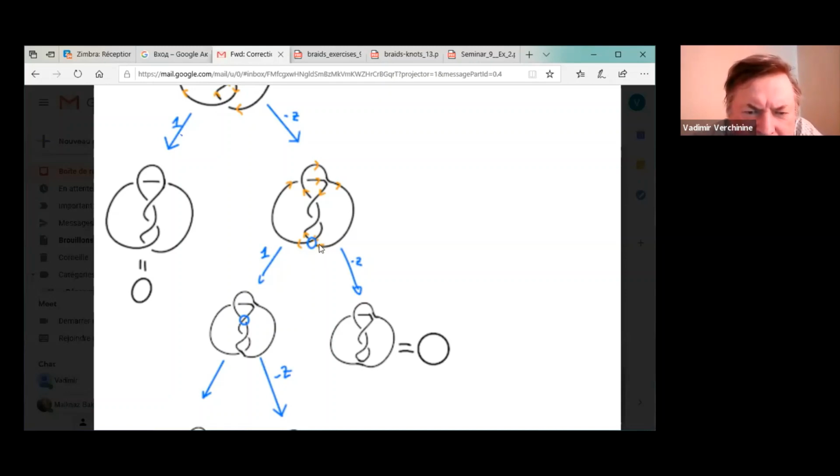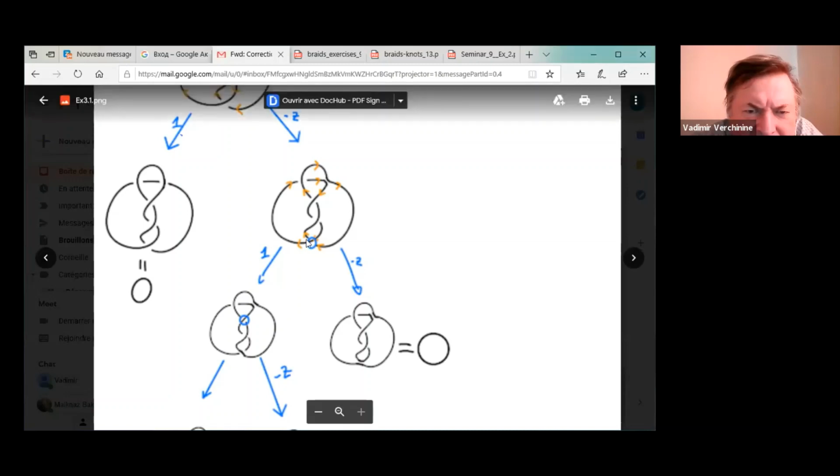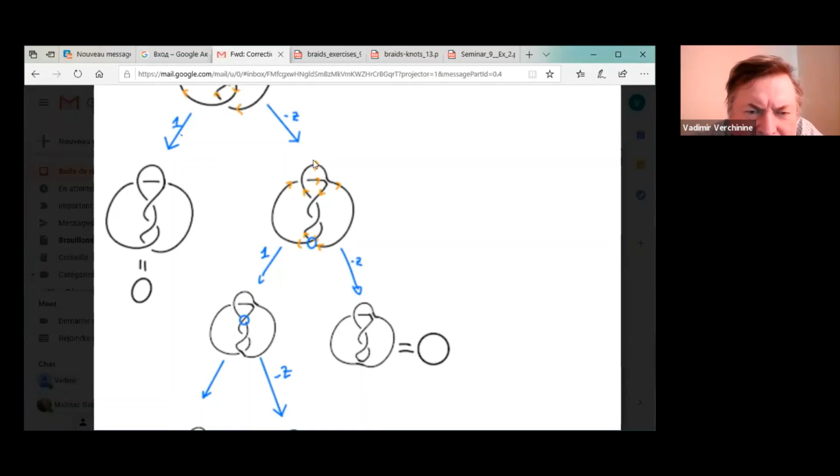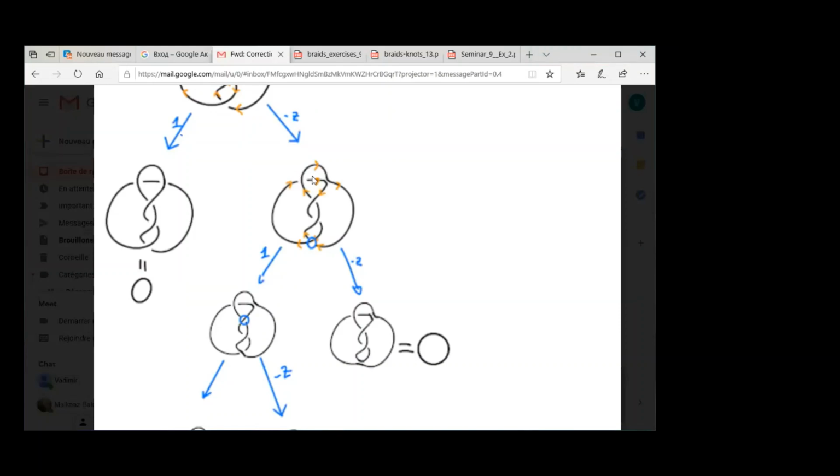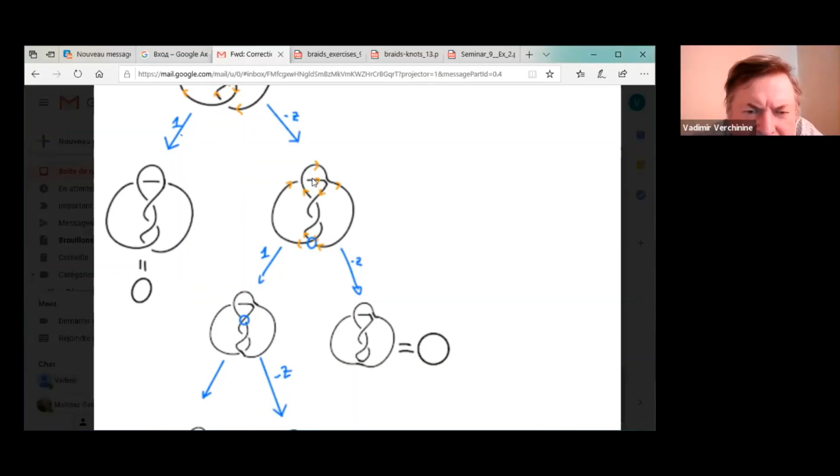So we can calculate, for example, the linking number. Let us calculate the linking number. So the linking number here is -1.